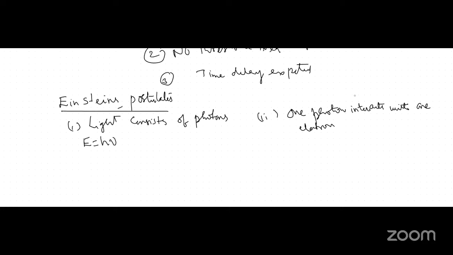According to Einstein, in the photoelectric effect, one photon is completely absorbed by one electron. That is the second postulate given by Einstein.